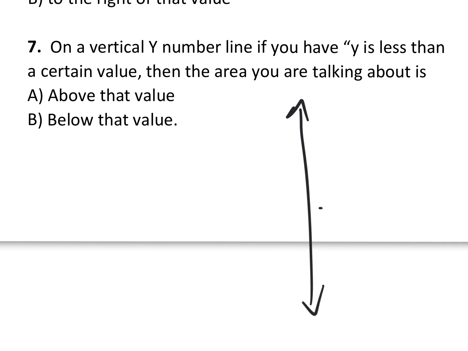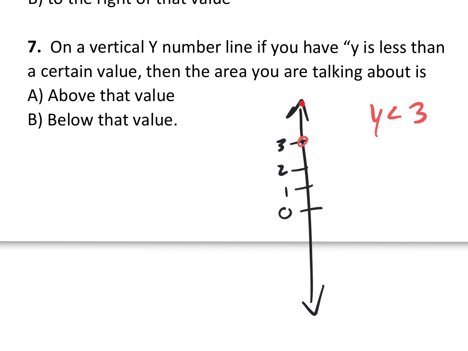This is your y-axis. Here's 0, 1, 2, 3. Let's say you're at 3, and if I said y is less than 3, well, then what would that imply? That it's an open dot up or an open dot down? What does less than imply? Down, obviously, right? 2 is less than 3, 1 is less than 3, 0 is less than 3.